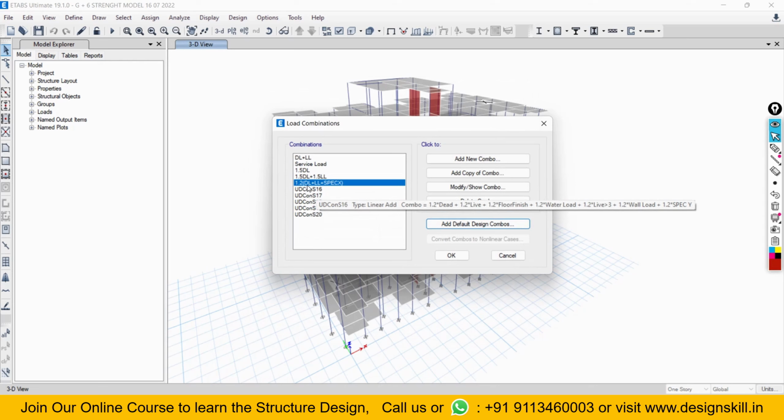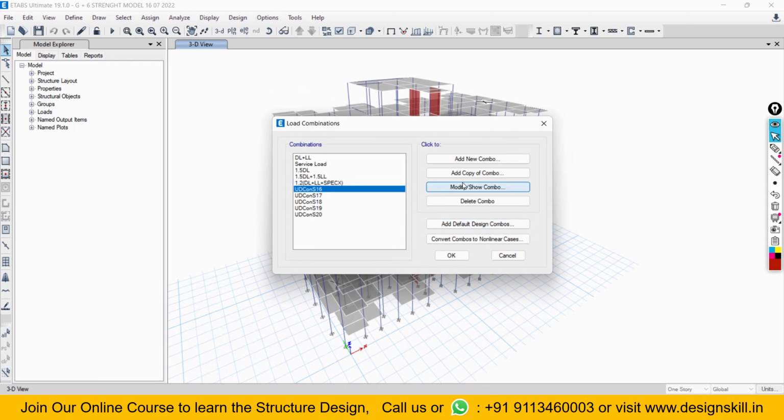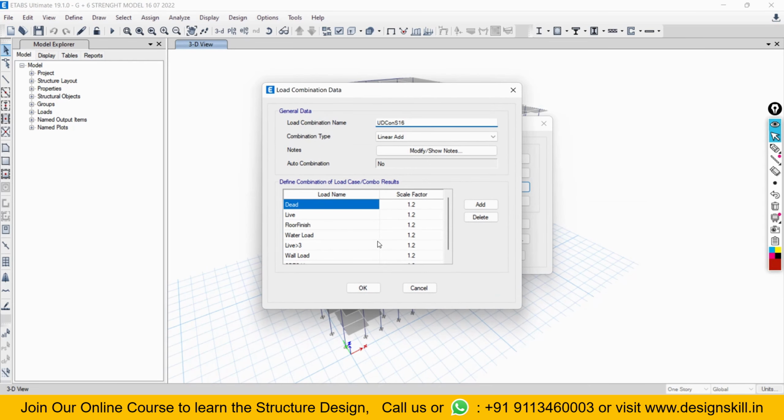Now I will give it OK. Now again I will select UDCON S16 and modify this. In this you can see that this load combination consists of a spec y. So I will rename this with 1.2, give the bracket sign, then dead load plus live load, then I will consider a spec y also, and close the bracket, then give it OK.